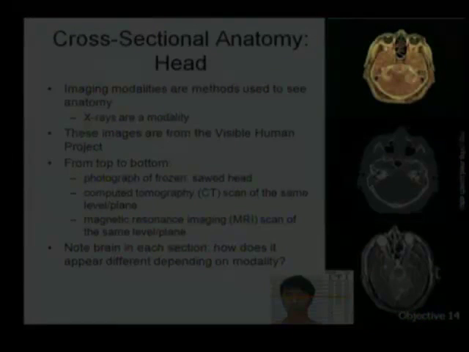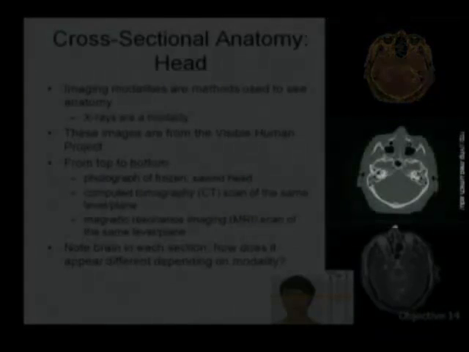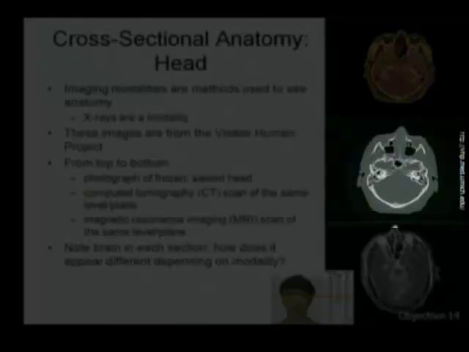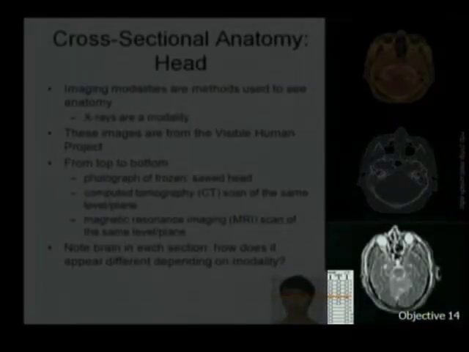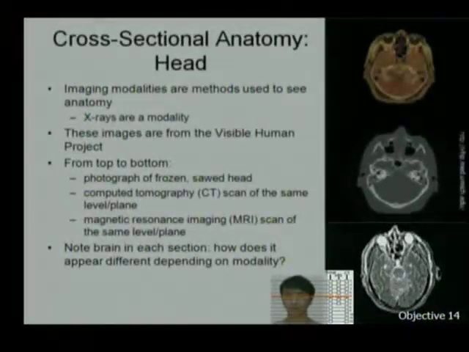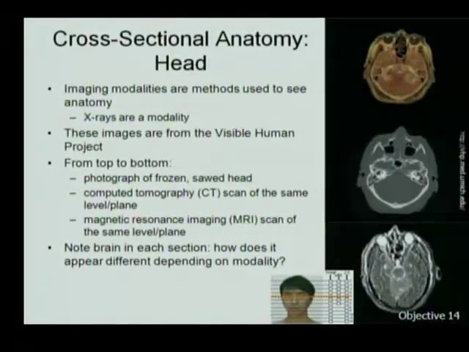So at the top, we have a frozen human cadaver, which was sawn through, literally with a saw, and we're taking a photograph of that sawn surface of the head. Next, down in the middle, we have a CT scan of the head. And then finally at the bottom, we have an MRI, or magnetic resonance imaging scan of the head, all in the same plane of section.